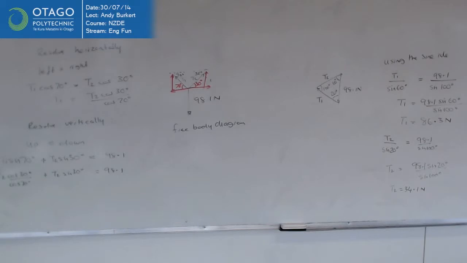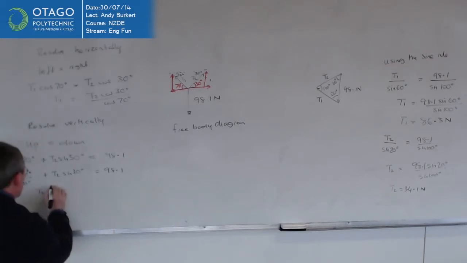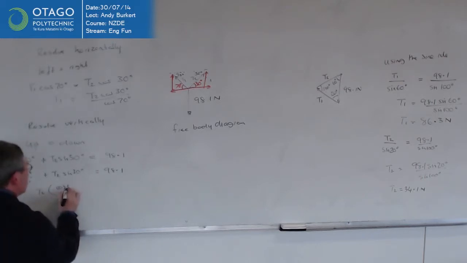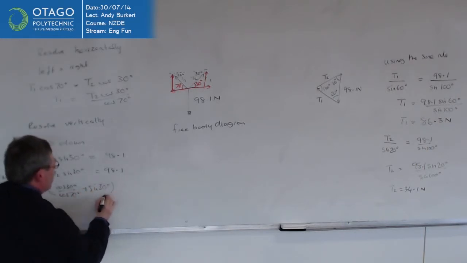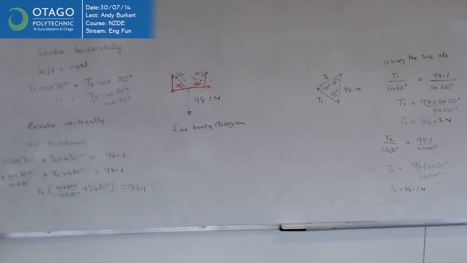We can then, if we want to solve for T2, we've got to factorise it. So we can have T2 outside the bracket, and then we've got cos 30 over cos 70 plus sine 30 degrees equals 98.1.